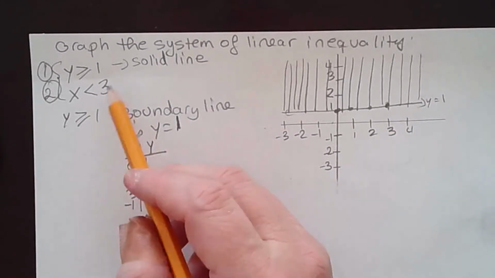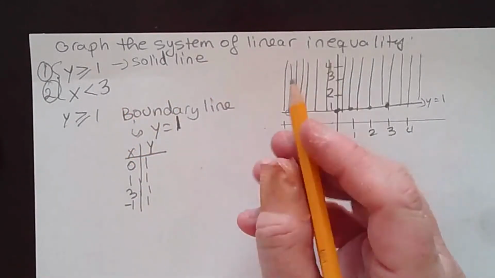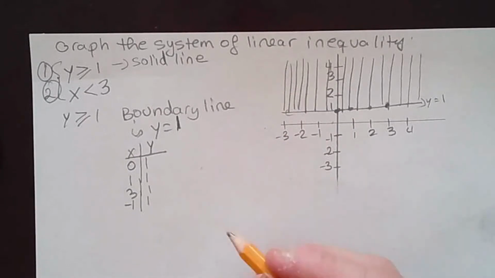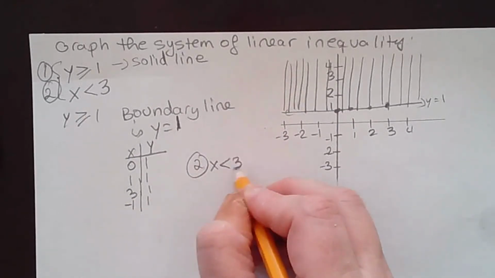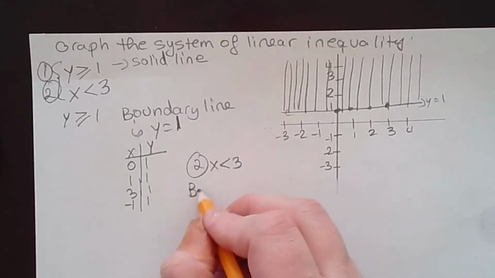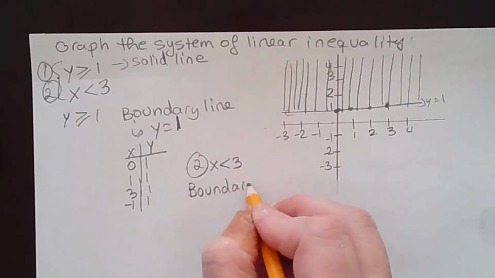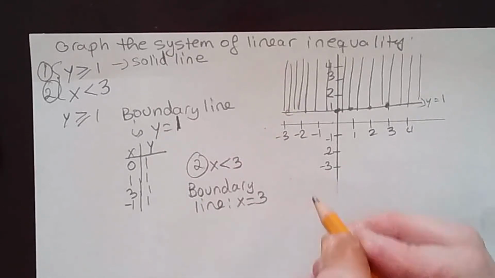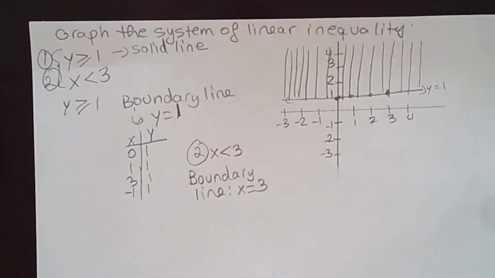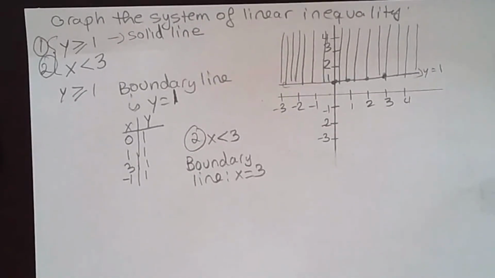Now let's go ahead and graph the second inequality. The second inequality here is x less than 3. Again, the boundary line here is x equal to 3. You may want to choose to plot points for this, but you may have recognized it. X equal 3 is a vertical line.